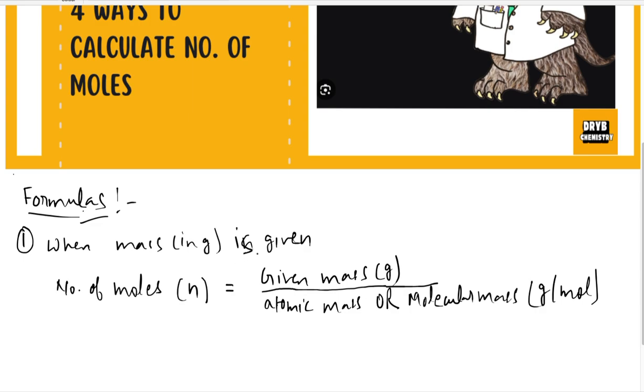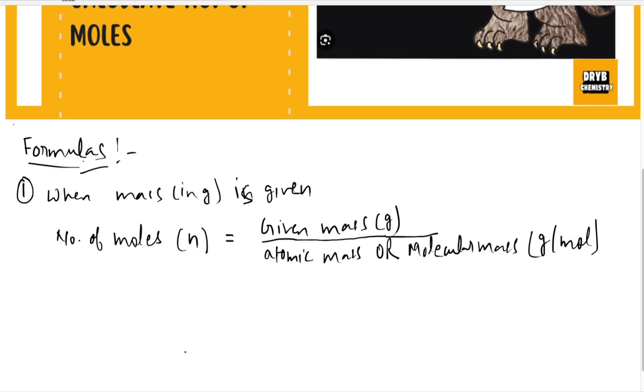So here you can see the unit of the number of moles will be, of course, moles. Gram will cancel out. Okay, so this is the first formula, and I'll give you the example side by side.